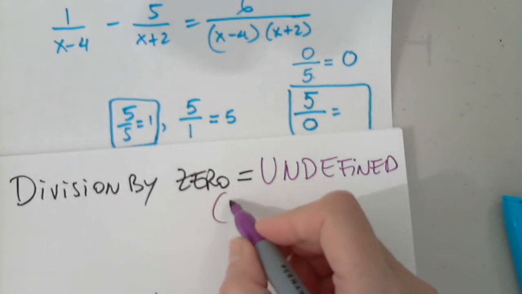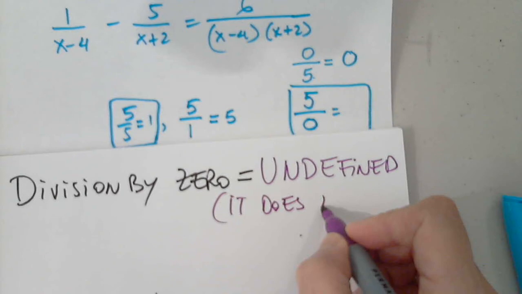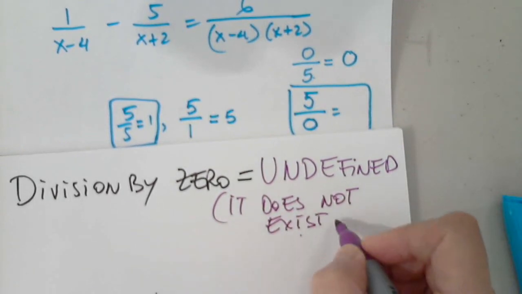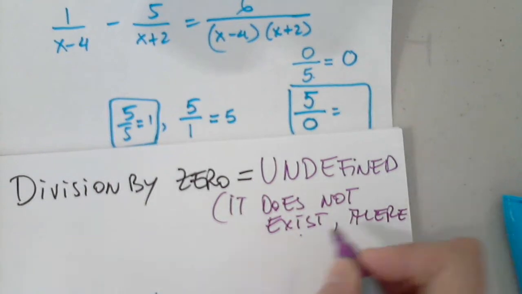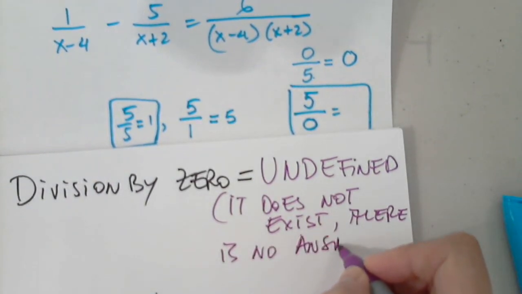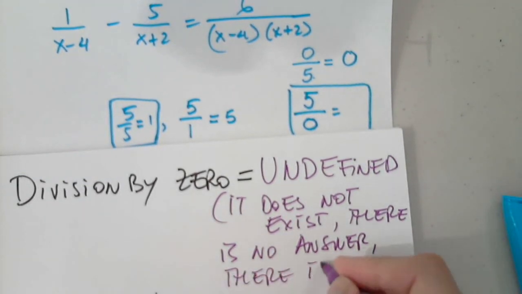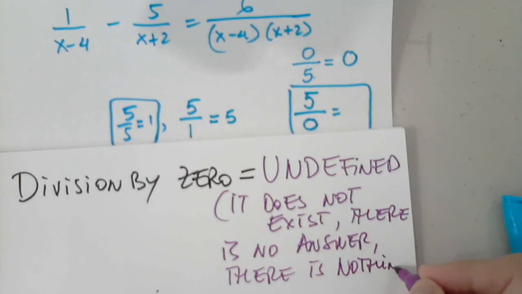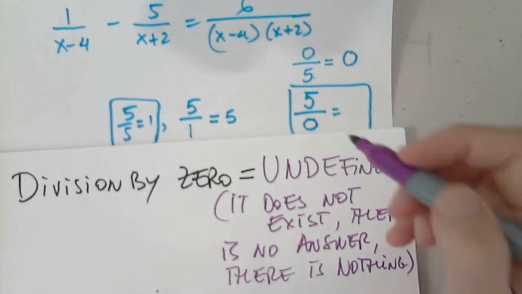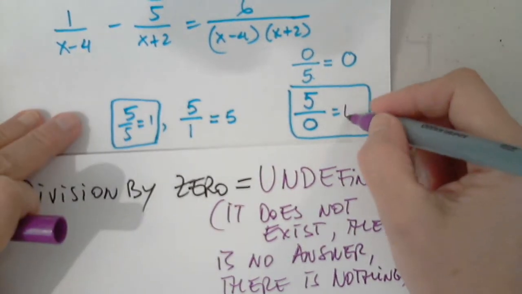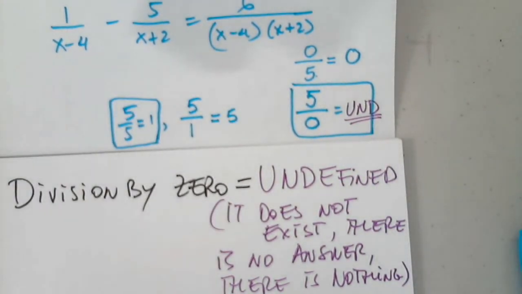What it really means is it does not exist, or there is no answer, or there is no number, there is nothing. Undefined. So please remember, when you try to divide by 0, you will not get anything. Not 0. Nothing. Not possible. It does not exist ever.